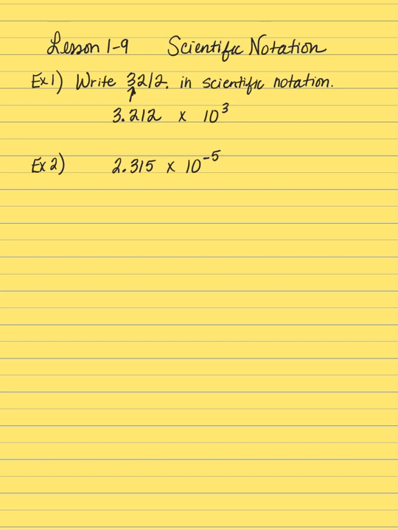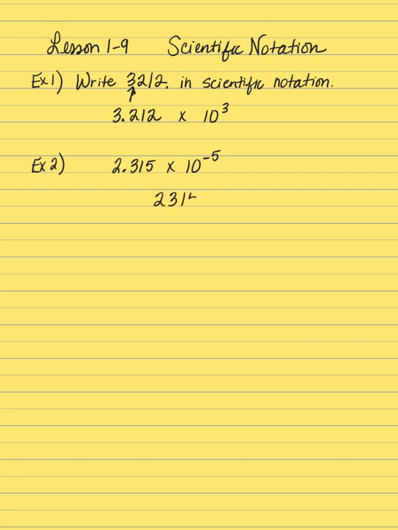So if I take a number that's written in scientific notation, like 2.315 times 10 to the negative 5 power, and I put it back in standard form, that means I'm going to take my number 2.315 and I'm going to place that number back in standard form by moving the decimal the number of times on the exponent. Because it's a negative 5, I'm going to move my decimal 5 places to the left. So take your decimal here.